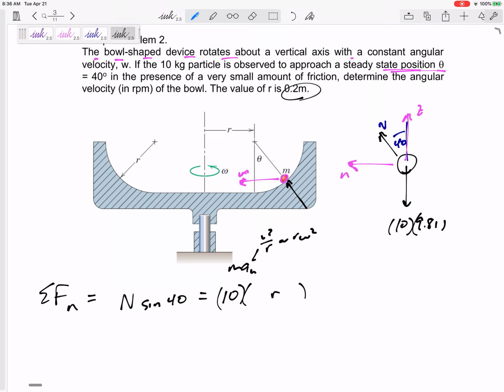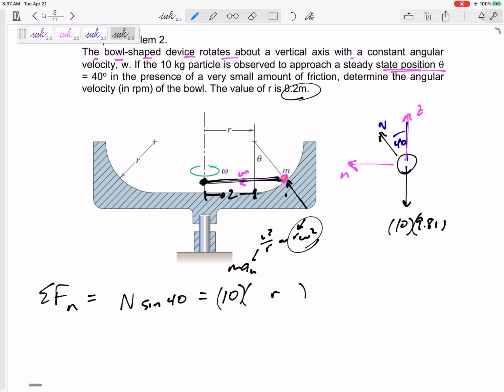Okay, this R right here is the distance that my point is away from the center of rotation. Where is the center of rotation? Right here. So this is what I'm looking for in my R omega squared equation. So what is that length from there to there? Well, it would be 0.2 from there to there.